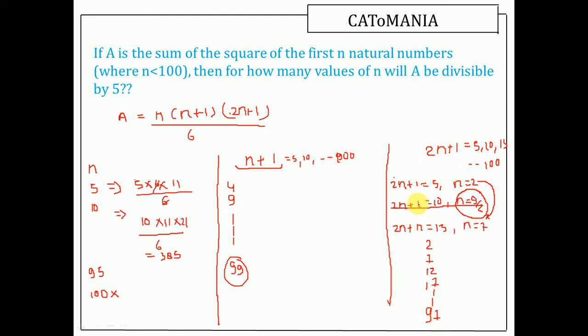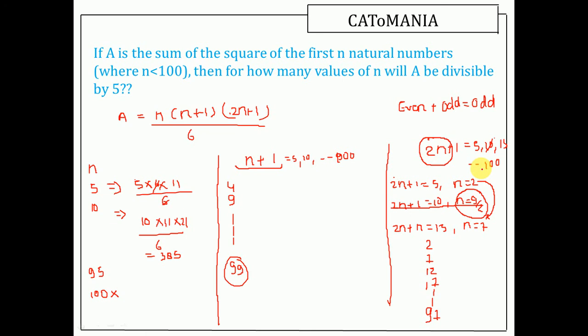Now the second thing that I was talking about: 2n is a multiple of 2, meaning it is even, and 1 is odd, right? Then even plus odd will always be odd, so it cannot be equal to an even number. So it will never be equal to 10, 20, 30, 40, and so on.